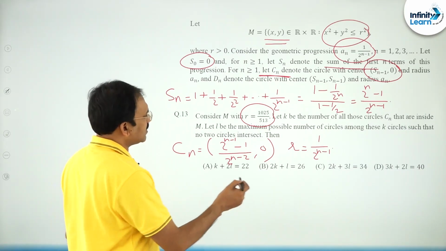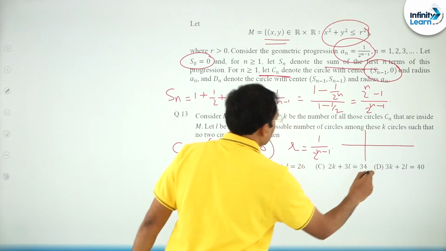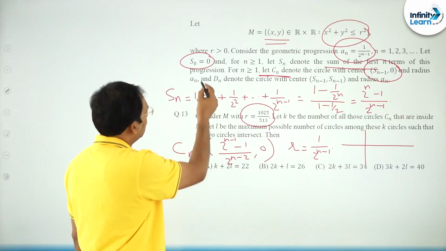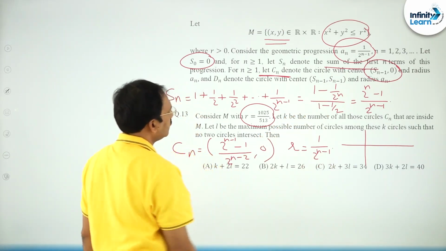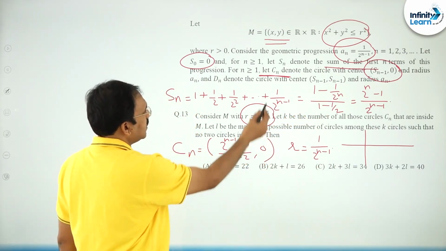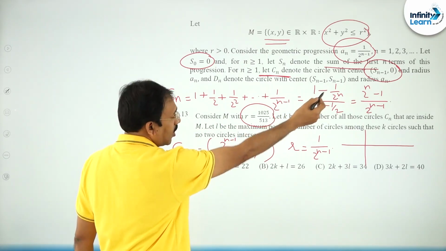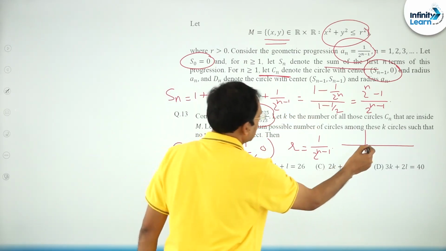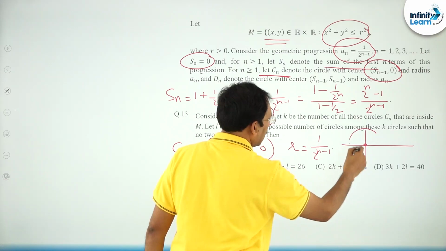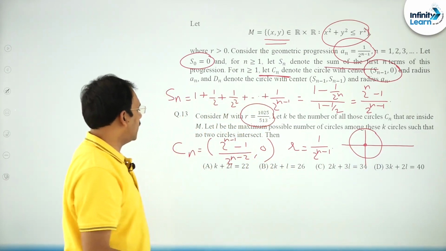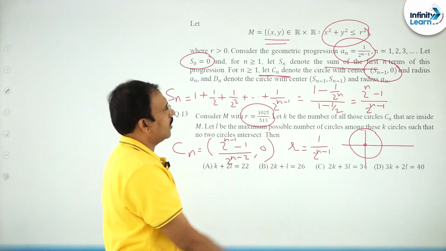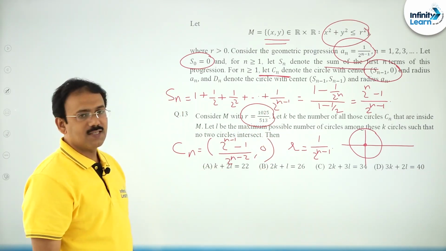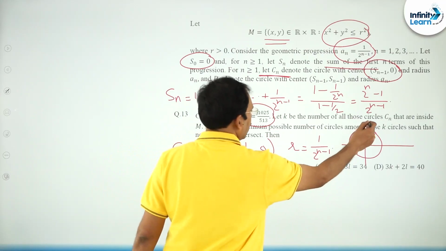Fine friends, if you see the first circle, C_1 has center S_0, 0, and S_0 is 0, so the center is (0, 0) and the radius is a_1, which is 1.